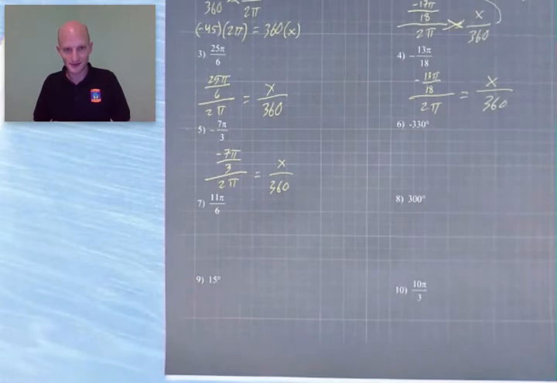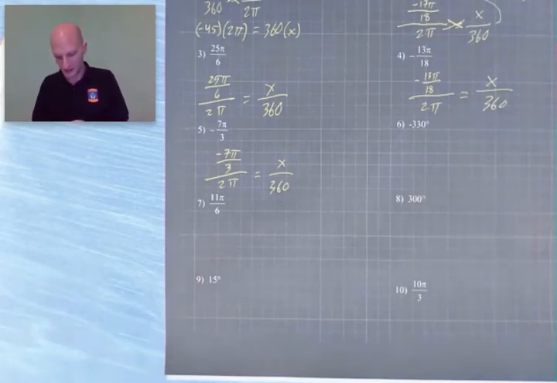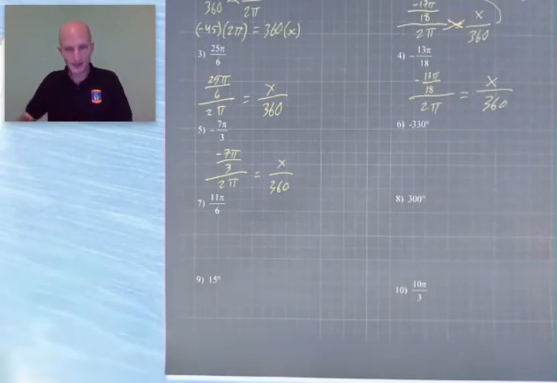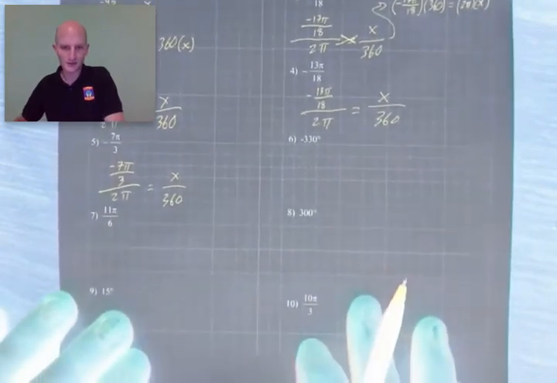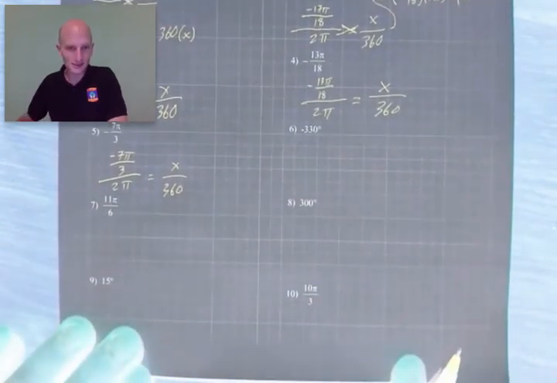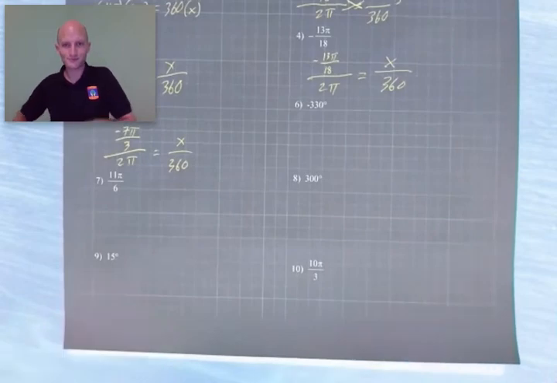So negative 7 pi divided by 3 times 360 divided by 2 pi, in parentheses, you get negative 420 is x. Negative 420, boom. Halfway finished. Actually, probably more than halfway finished, because the ones that give us degrees, I think, are a little bit easier. All right.